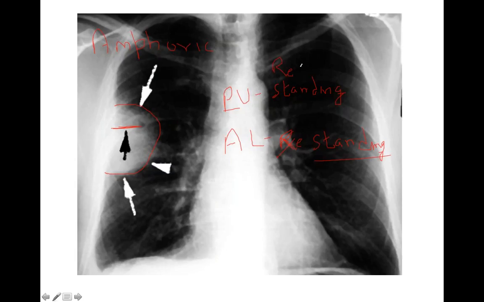This question can also be asked. So basically step 2 is very simple. It's just the basic concepts you should know. Recumbent position, posterior segment of the right upper lobe, and in standing position, apical segment of the right lower lobe. Lower lobe, why? Because of gravity, the secretions will settle down.